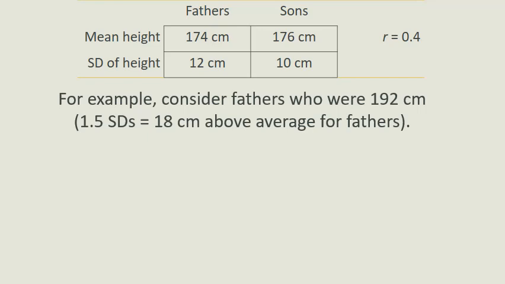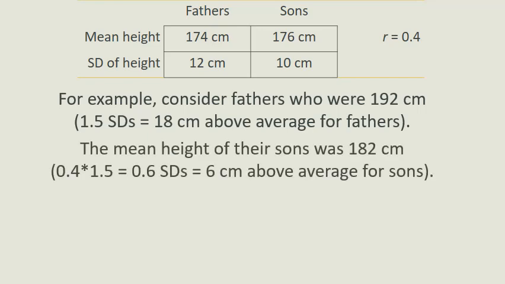These fathers were 18 centimeters above average, or 1.5 SDs above average. Then the regression effect says that the average height of their sons will only be r times k SDs above average. 0.4 times 1.5 is 0.6. So the sons will have an average height that is 0.6 SDs above average.